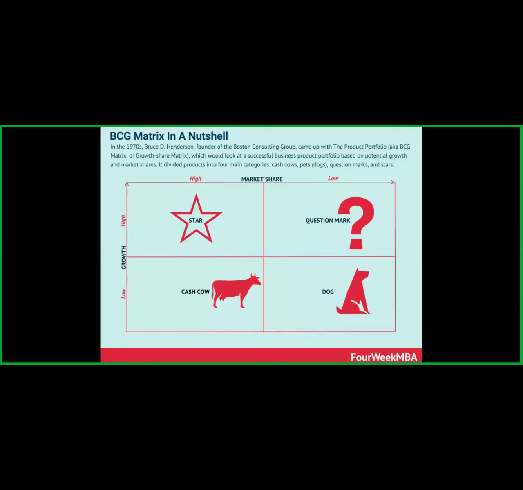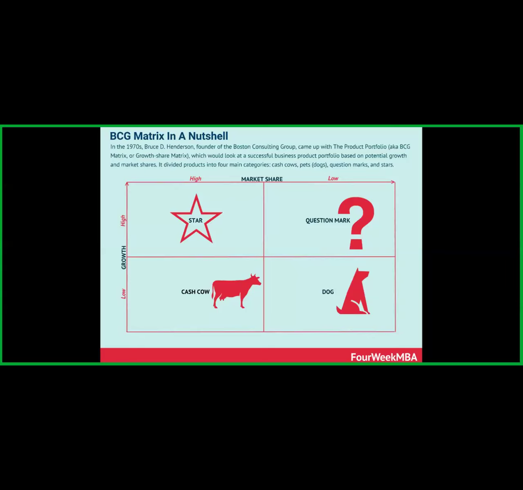So it is a growth share market matrix, which includes portfolios based on potential growth and market share.